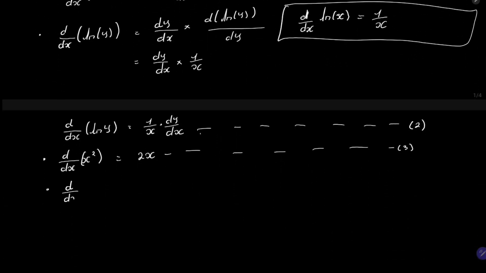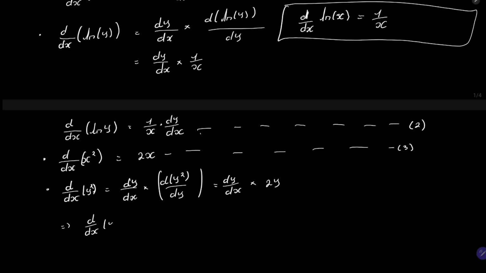So the derivative with respect to x of y squared is equal to dy on dx times the derivative of y squared with respect to y. Directly applying the power rule leaves us with 2y. So this implies that the derivative with respect to x of our term y squared gives us 2y dy on dx. We call this our fourth term.